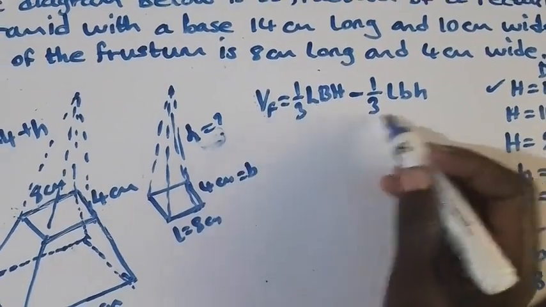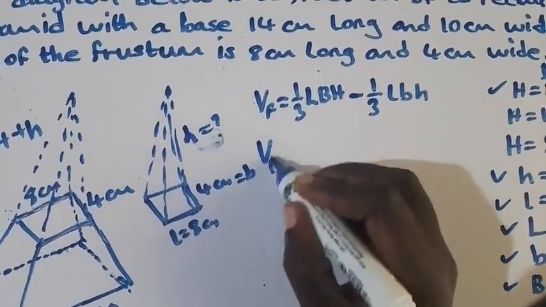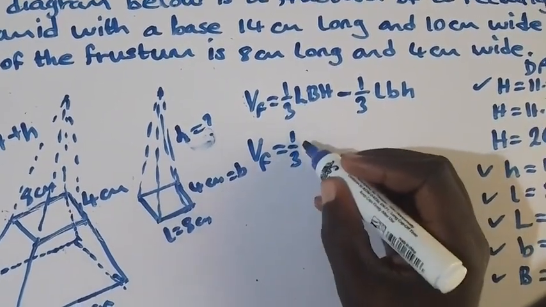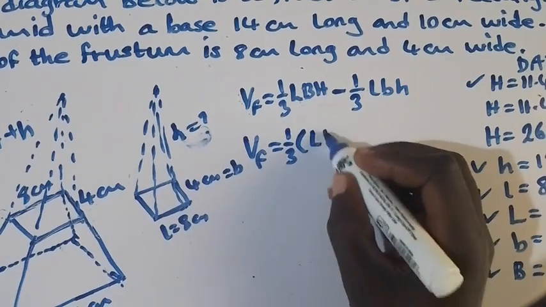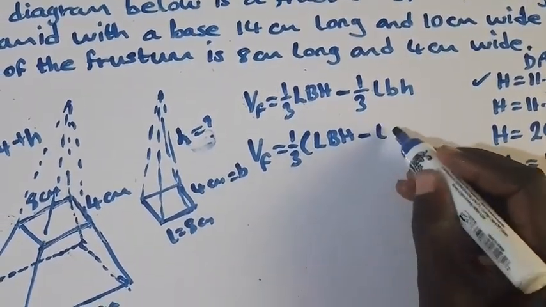So we are going to factorize what is common here, which is 1/3. So volume of the frustum equal to 1 over 3 open bracket LBH minus LBH.